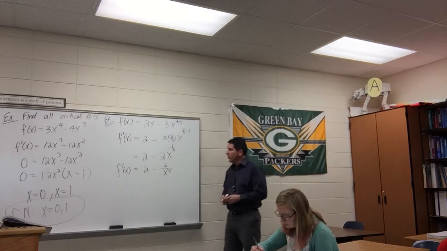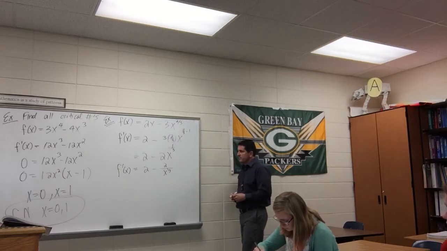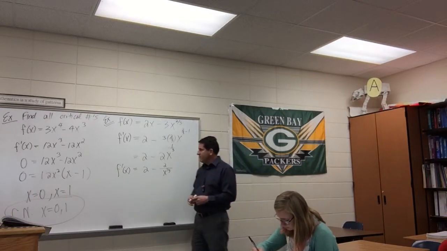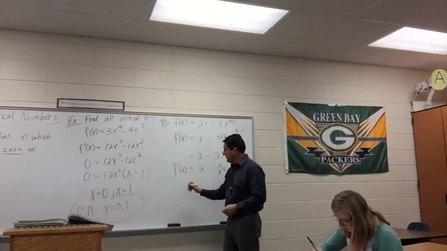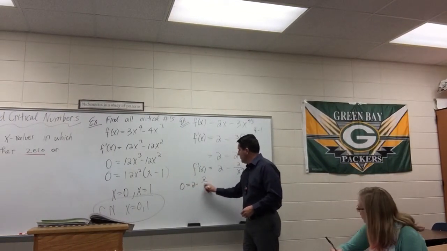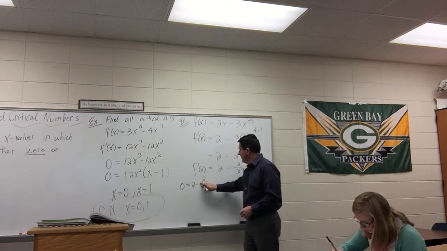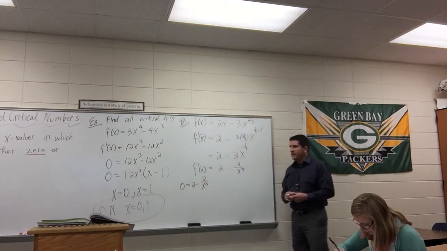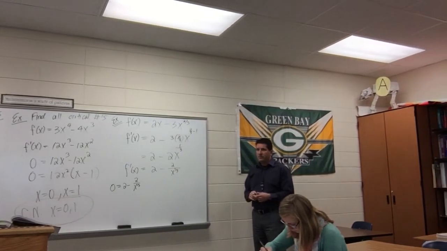So, what are the critical numbers of this thing? Well, first you set it equal to 0. 0 is equal to 2 minus 2 over x to the 1/3. And is there a solution to this?